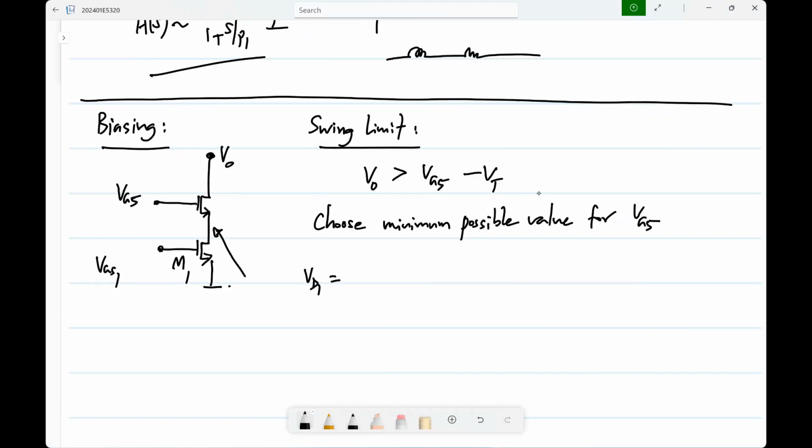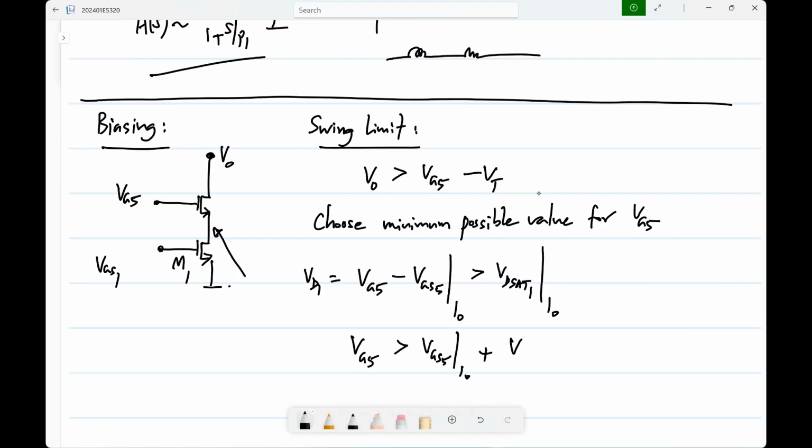It will be VG5 minus VGS5 at whatever bias current it is operating at. And this should be greater than VDSAT1 at a current I0. So, basically, VG5 has to be greater than VGS5 at a current I0 plus VDSAT1 at a current I0. Okay. Is this okay?